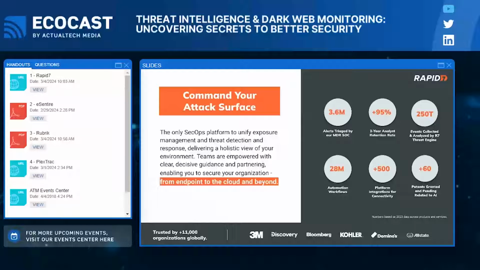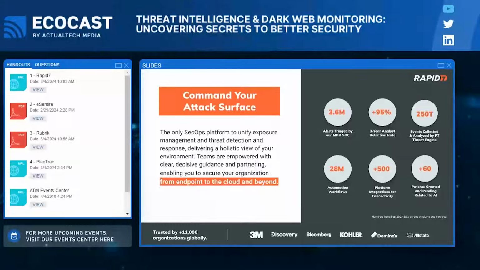So we've always had a big emphasis on threat intelligence and really understanding the attacker mindset. And from those beginnings, we've evolved into the leading security operations platform that we are today. We're bringing together detection and response and holistic exposure management under one roof.